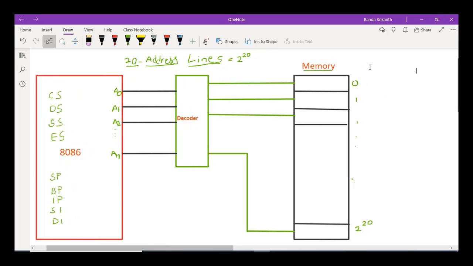That means the first address is 20 zeros.